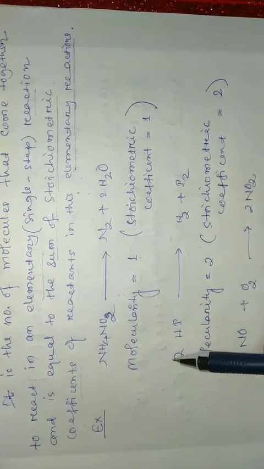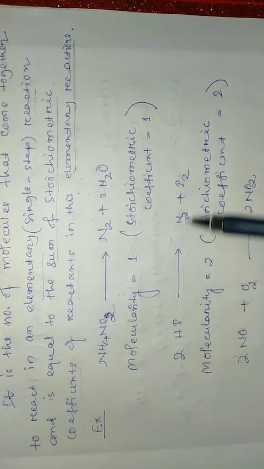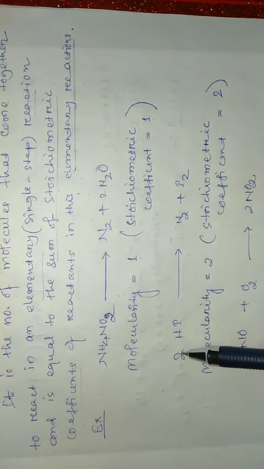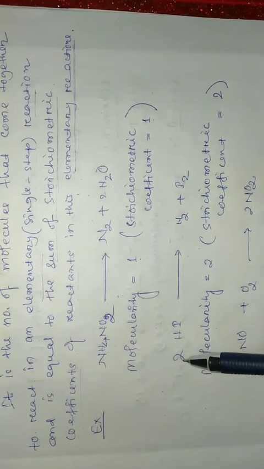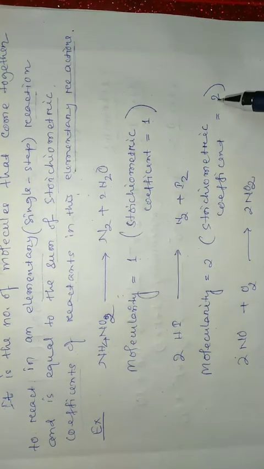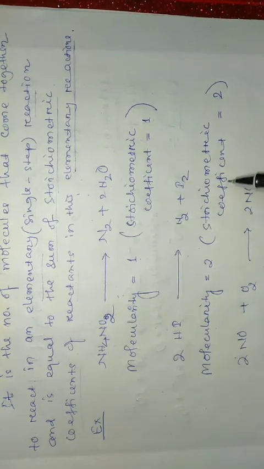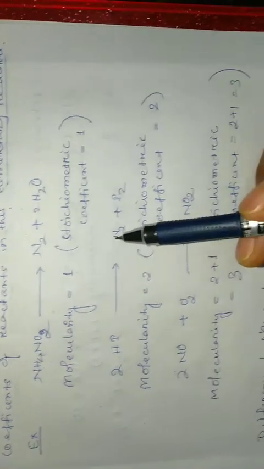So how many molecules of hydroiodic acid are participating in this elementary reaction? 2. So molecularity is equal to how many? 2. So the stoichiometric coefficient for this reaction is also 2. So in a particular elementary reaction, the stoichiometric coefficient is equal to the molecularity of the reaction.